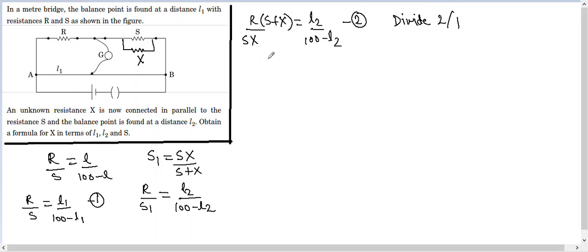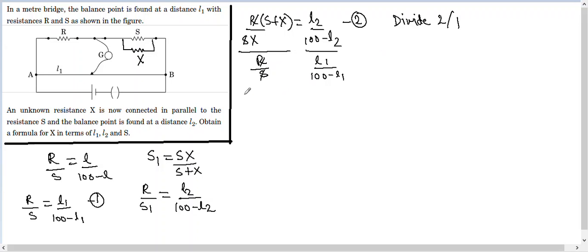That means this was our equation 2, so we're going to divide it by equation 1. So it was R upon S and it was L1 upon 100 minus L1. So here we can see that this R is getting cancelled and this S is getting cancelled.